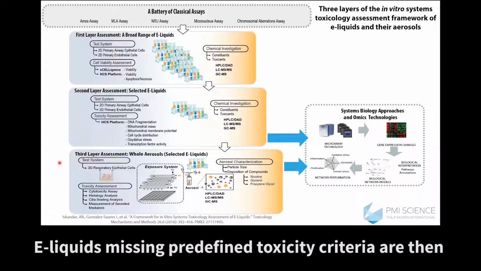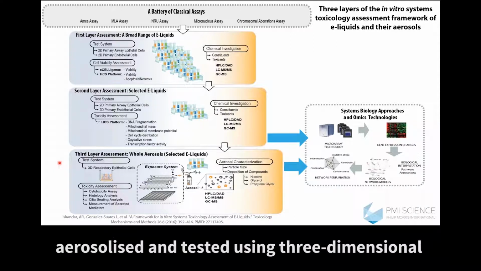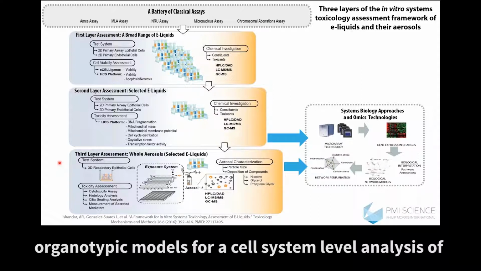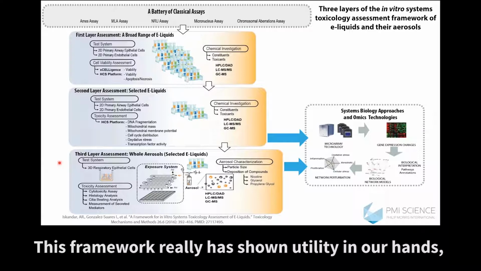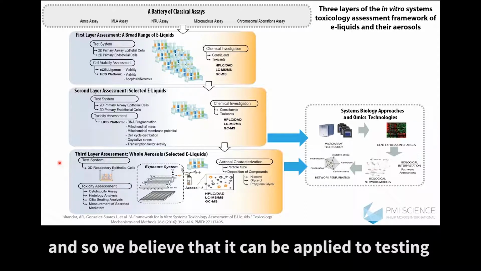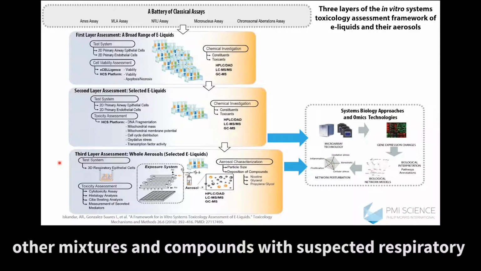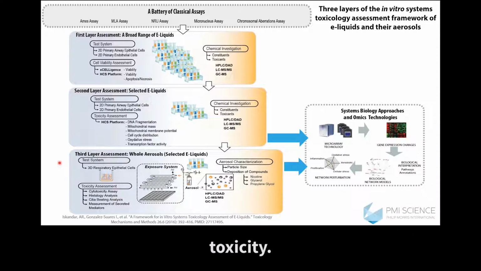E-liquids meeting predefined toxicity criteria are then aerosolized and tested using three-dimensional organotypic models for a detailed systems-level analysis of cellular mechanisms of toxicity. This framework really has shown utility in our hands, and so we believe that it can be applied to testing other mixtures and compounds with suspected respiratory toxicity.